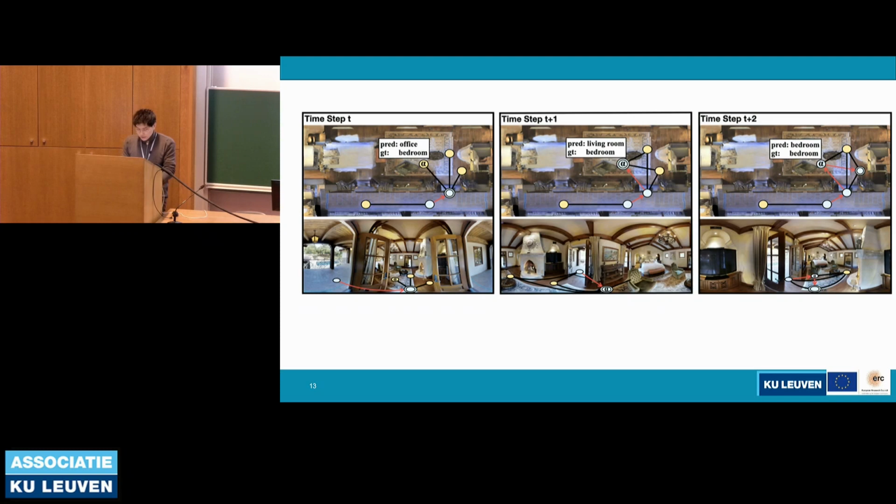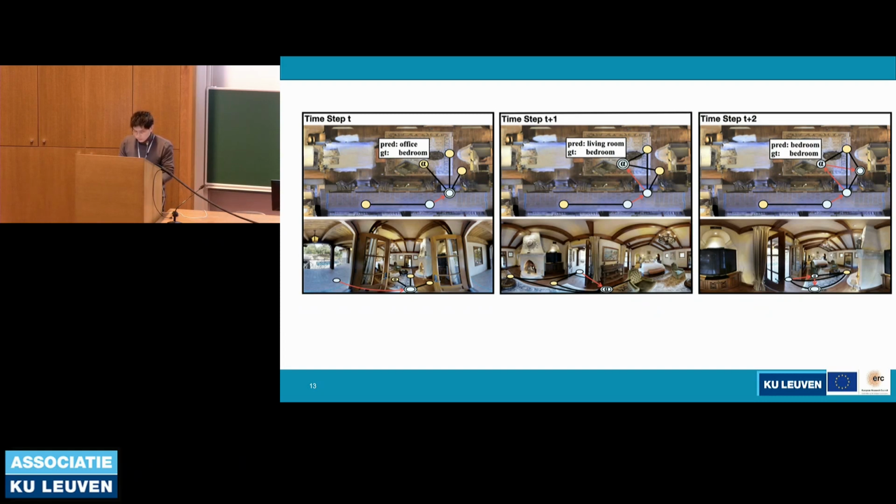Next is the visualizations. How does our model correct its predictions? The red arrows are the path the agent takes, and the double circle is the current location. In the first image, the model predicts the location of Alpha is an office, but the ground truth is a bedroom.